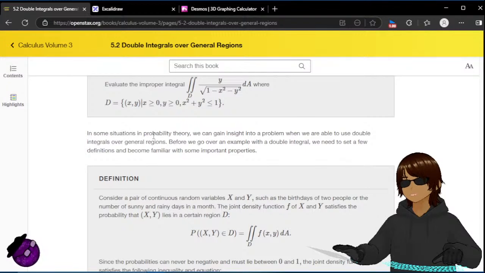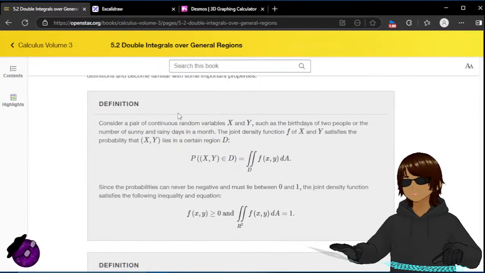In some situations in probability theory, we can gain insight into a problem when we are able to use double integrals over general regions. Before we go over an example with double integrals, we need to set up a few definitions and become familiar with some important properties. Consider a pair of continuous random variables x and y, such as birthdays of two people or the number of sunny and rainy days in a month.